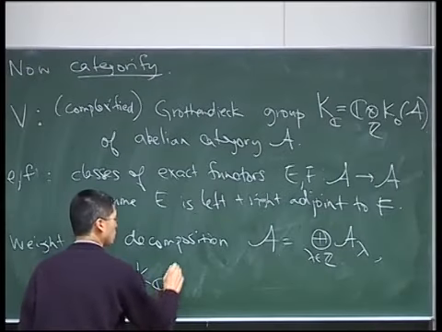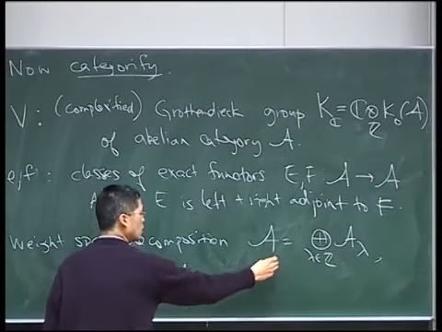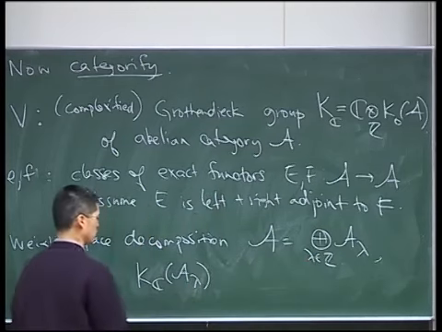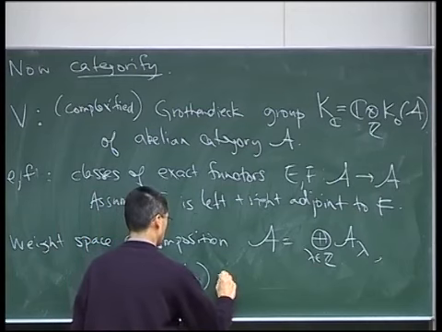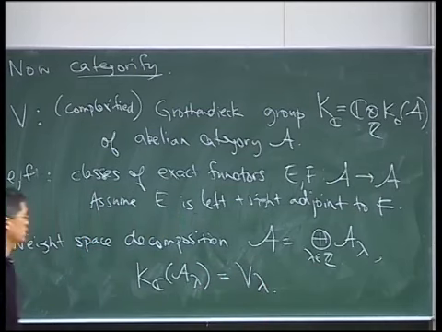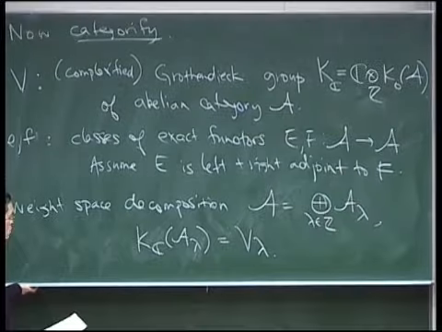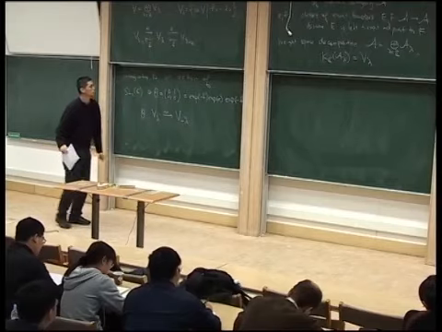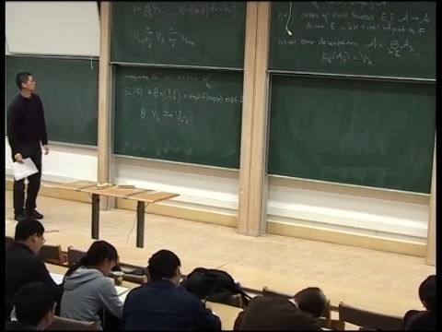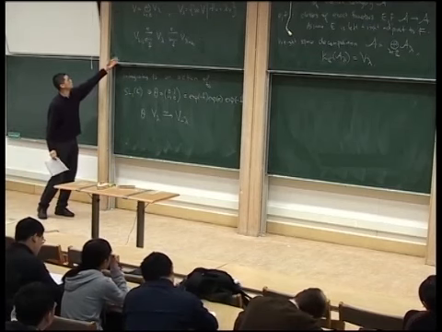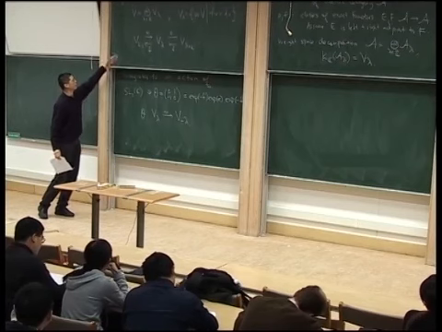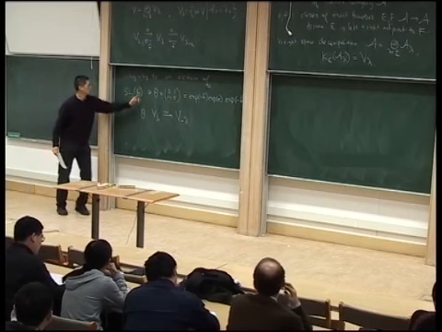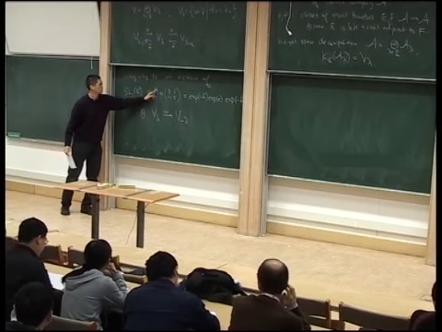So the Grothendieck group of this piece is just the lambda weight space of V. Okay, so that's quite a reasonable seeming way to enhance this representation.